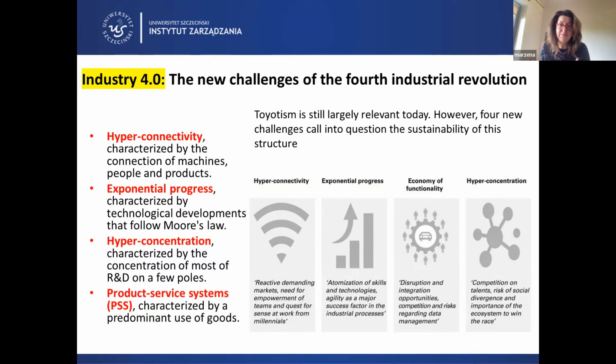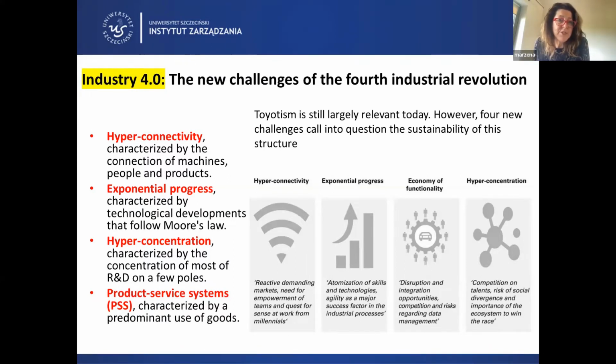So everything has changed. Generally, we have new challenges with the fourth industrial revolution. It's hyper connectivity. As I said, we have a lot of data because we have to establish the connectivity and receive a lot of data from communication, people to machine to devices.